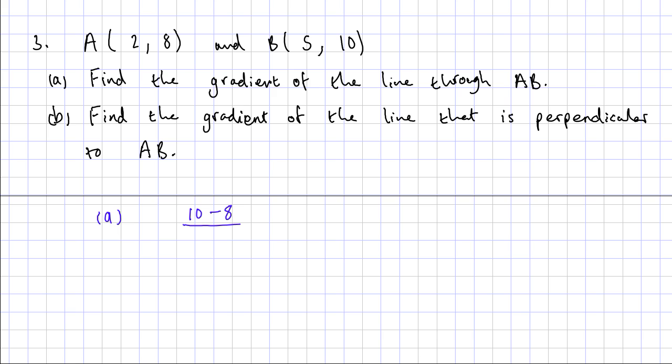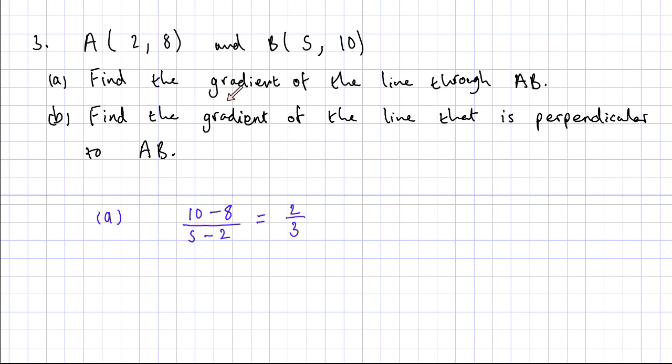Difference in x values, that's going to be 5 take away 2. Now remember, because I started at the top with 10 take away 8, I had to start here for 5 take away 2. So 10 take away 8 is 2, and 5 take away 2 is 3. So the gradient of the line through AB is 2 over 3.